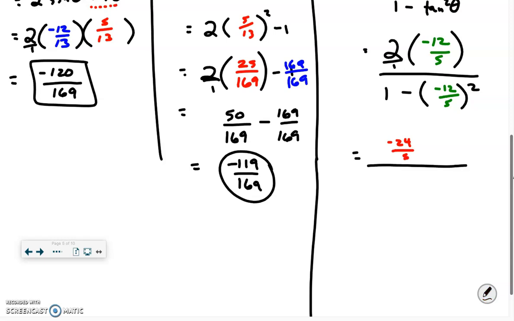The denominator, we've got some work here, 1 minus. Now if I have negative 12/5 squared, as we said before, when you square a fraction, you're going to square the numerator, so negative 12 squared is 144, over square the denominator, 5 squared is going to be 25. All right, I promise you, I am writing this down as we speak, and it is not showing up.